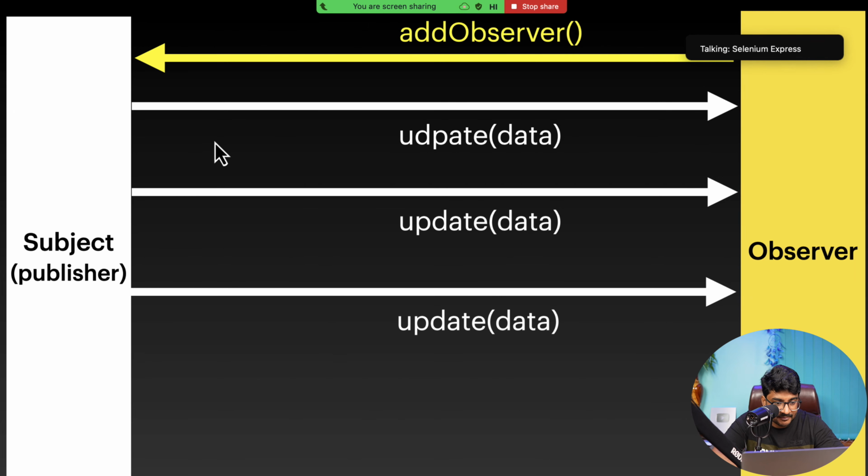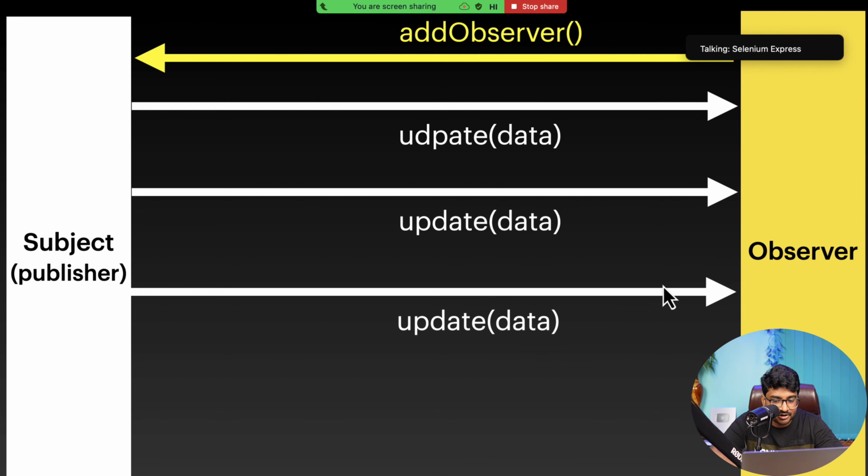The subject will keep on pushing the notification to the observer by hitting the update method of the observer whenever the data is ready or whenever new data arrives in the subject. The data over here can arrive anytime, right? And whenever the data changes, whenever something happens over here, it notifies the observer by calling its update method and passing in whatever data changed.